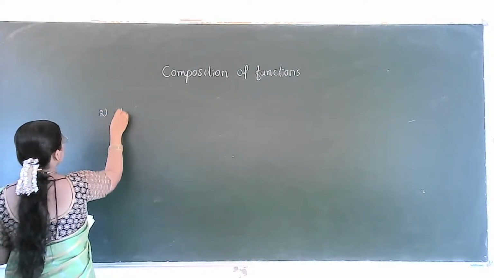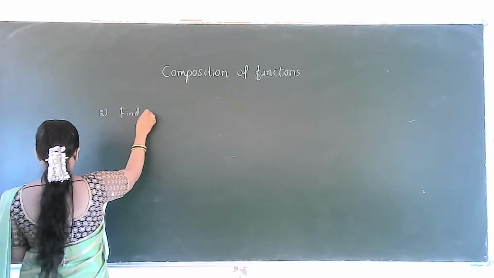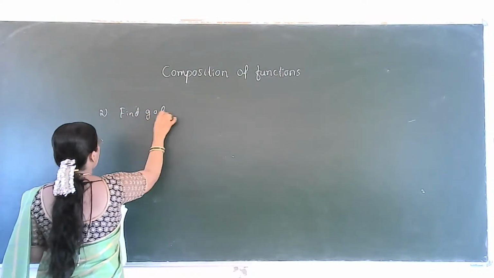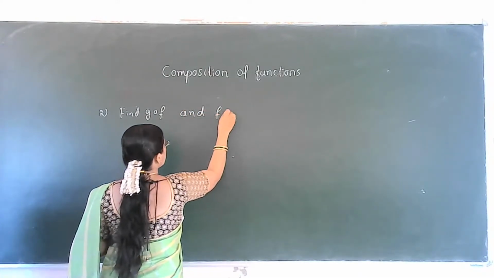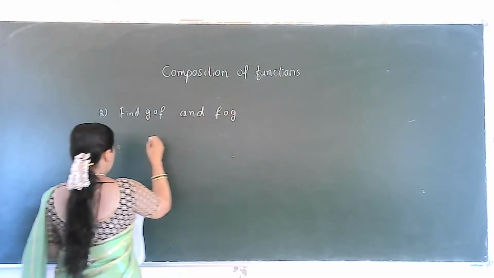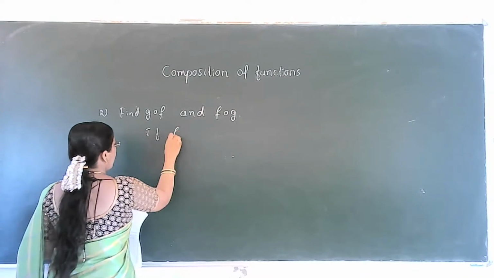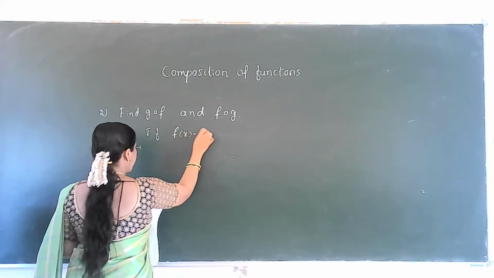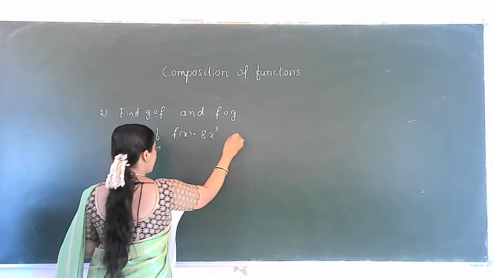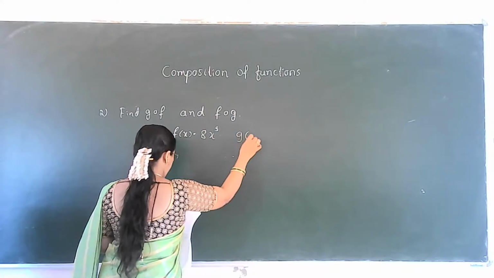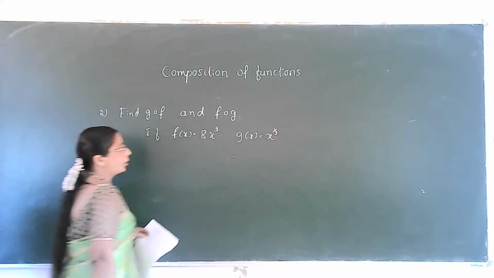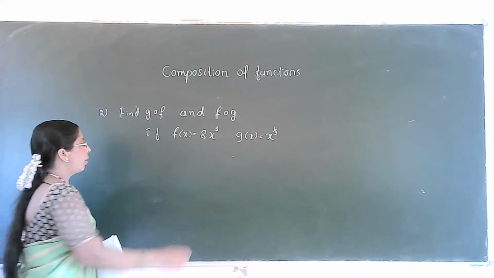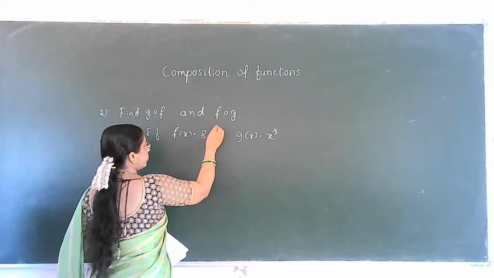Find g composition of f and f composition of g, if f of x equal to 8x cube and g of x equal to x to the power 1 by 3.